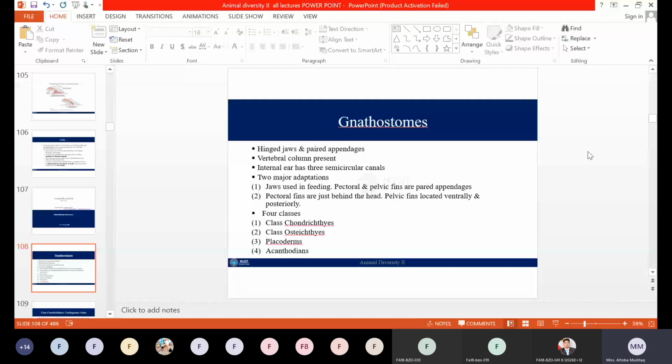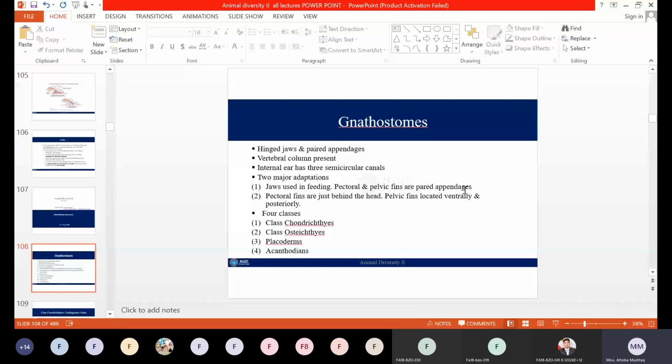If we talk about pectoral fins, they are present just beneath the head, at the back side of the anterior head, while pelvic fins are located ventrally and posteriorly, at the posterior side of the fish, right?